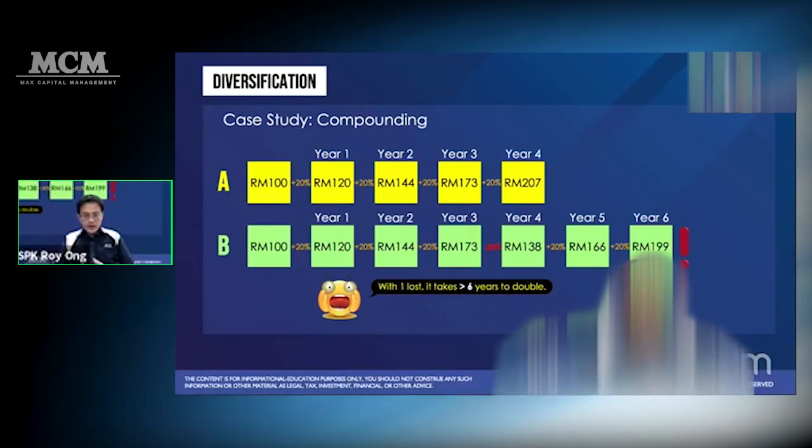So I did a calculation based on this: only one loss, but for the rest of the years he enjoyed the 20% consistent return. Even up to 6 years, he still cannot reach the 100% return, meaning doubling up his capital. So with just one loss, it takes more than 6 years to double his capital.